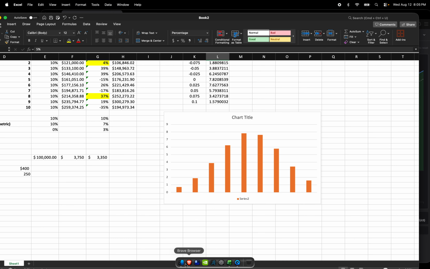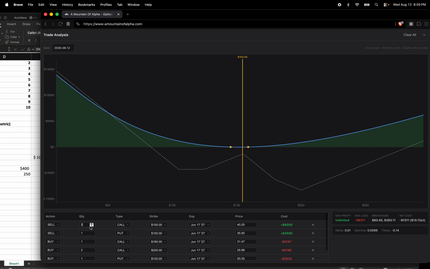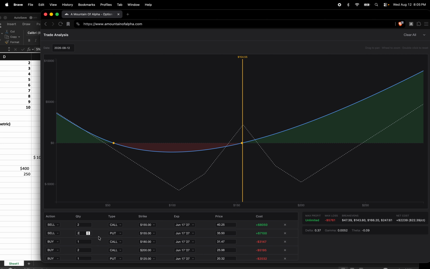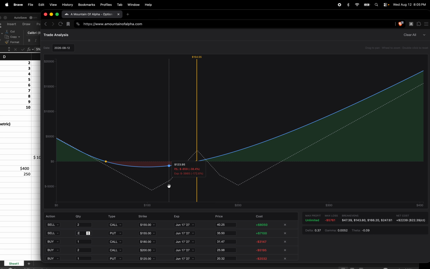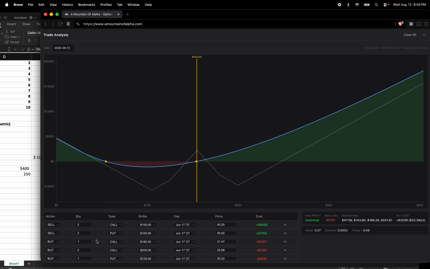So what you're doing is you're selling the straddle, and you probably want 2 of those, right? And then it's a 2-1 minus 2, 1, 2. That's what this is. It's a complex structure.